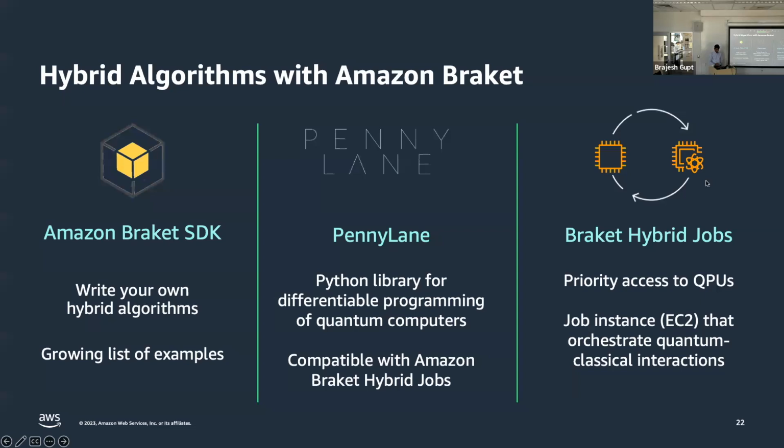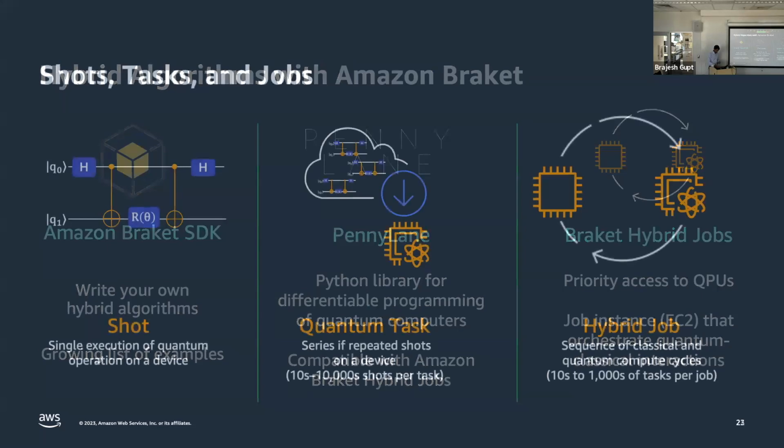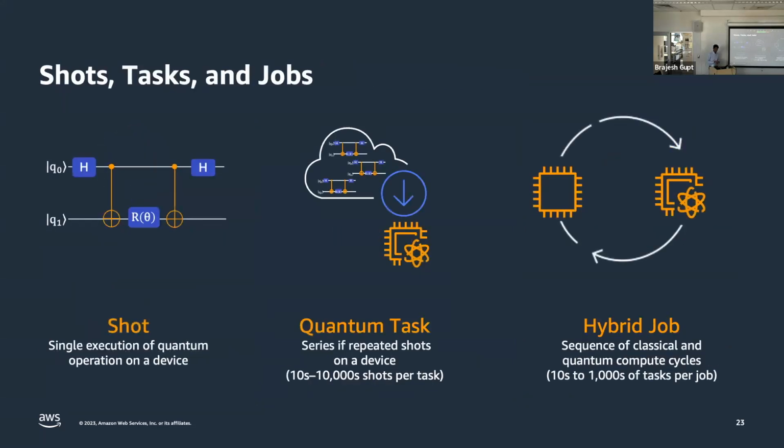Braket Hybrid Jobs is a feature that lets you build all these programs using either PennyLane or your own algorithms and submit them to the AWS cloud, or Amazon Braket, to run in an efficient manner. And what do I mean by that? I'll explain now.